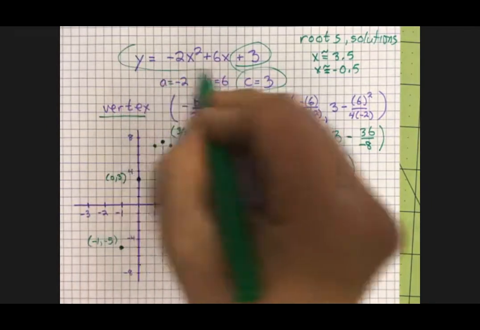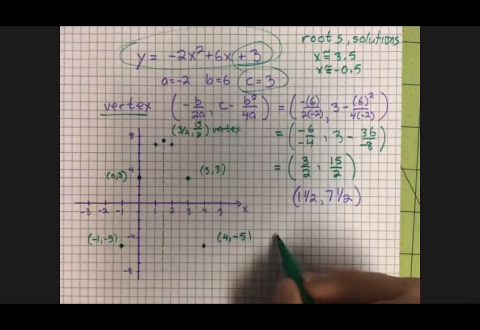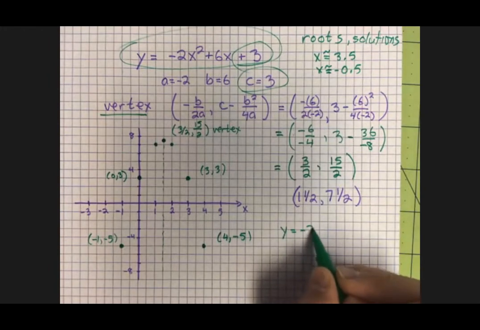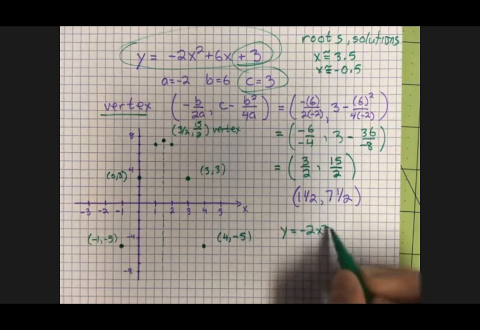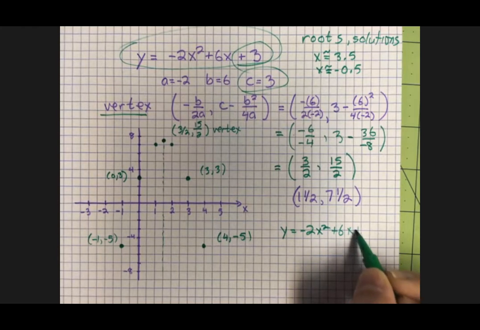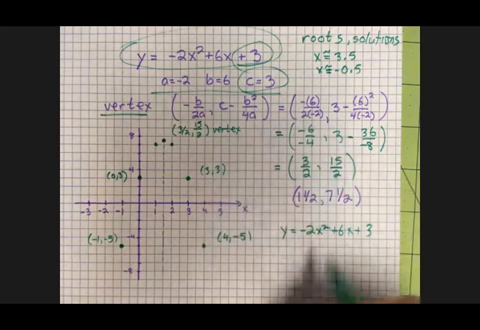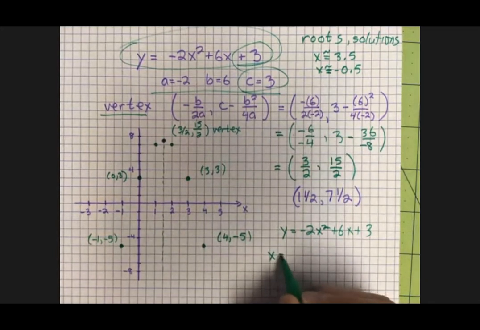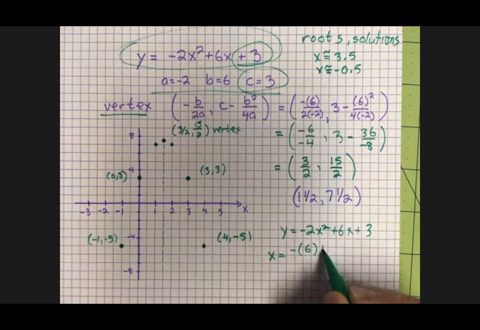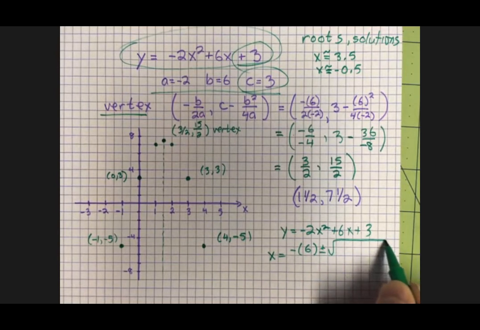Let's do the quadratic formula. Minus 2x squared plus 6x plus 3. I've already identified the a, b, and c. So now I say x equals the opposite of b, which is negative 6, plus or minus the square root of b squared, which is 6 squared, 36, minus 4 times a, which is minus 2, times c, which is 3.